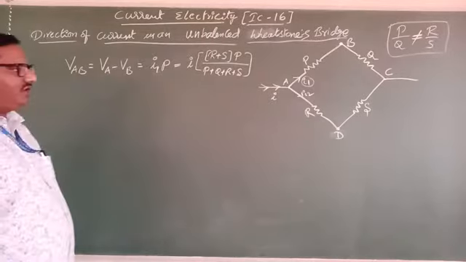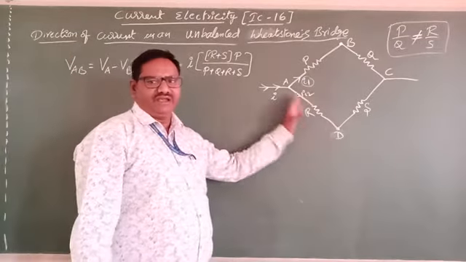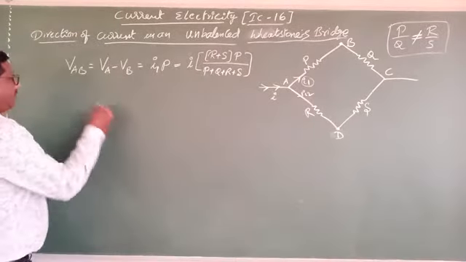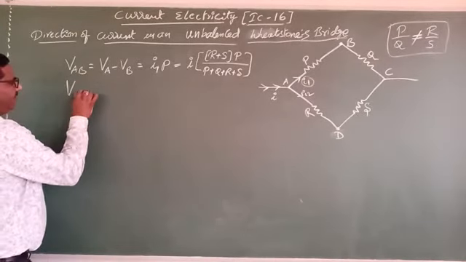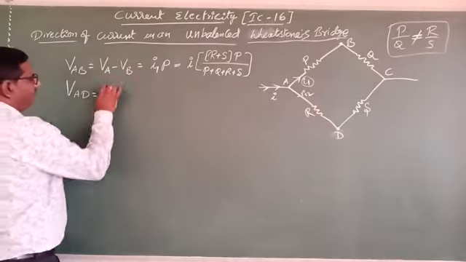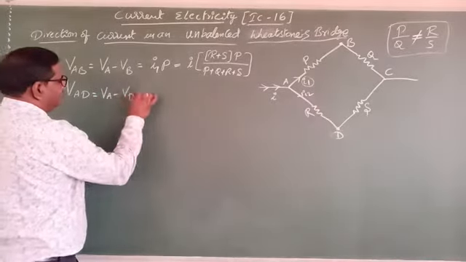Similarly, to measure the potential difference between A and D, I write VAD, that is VA minus VD.